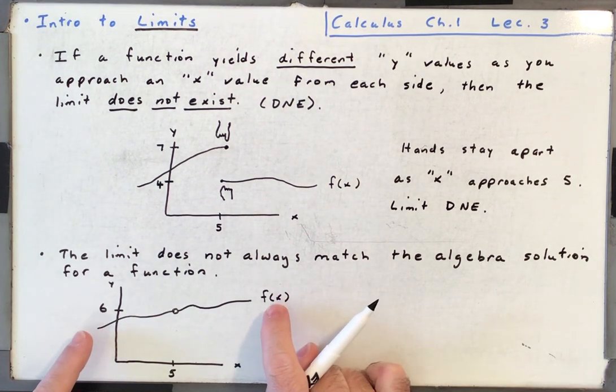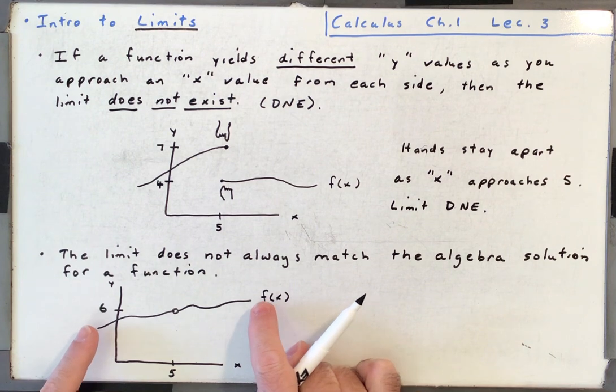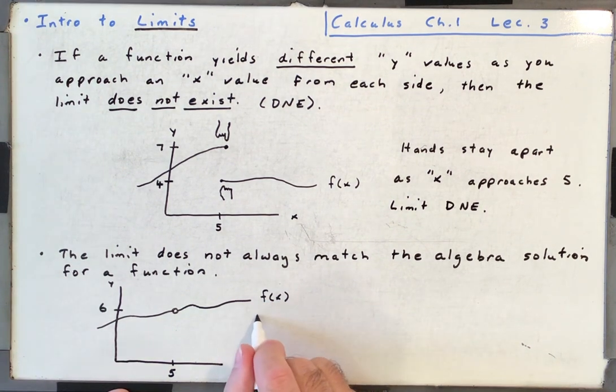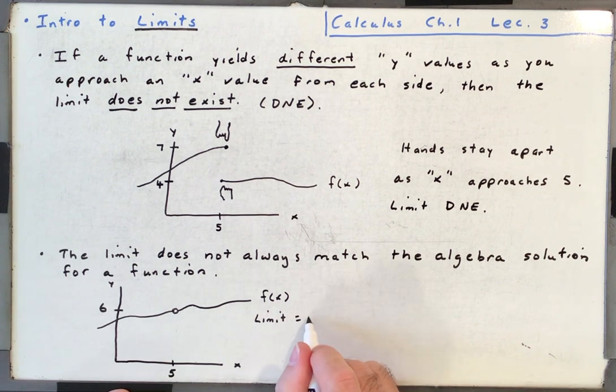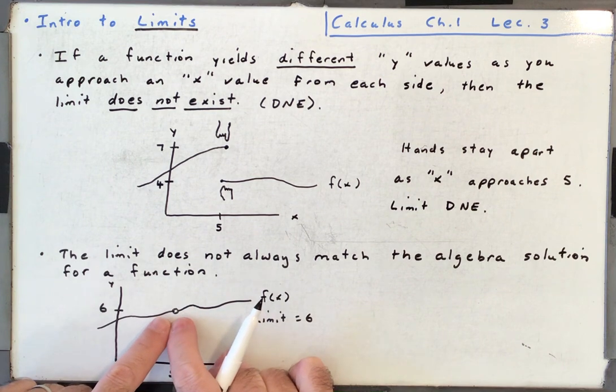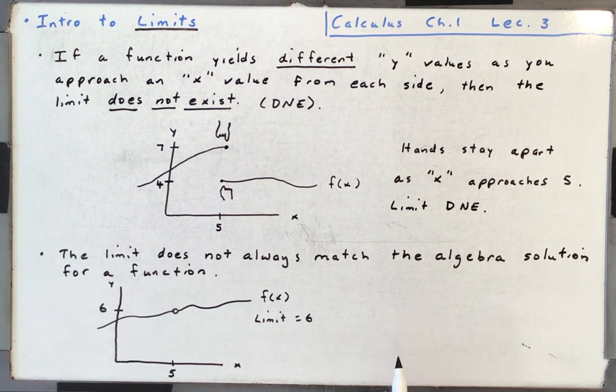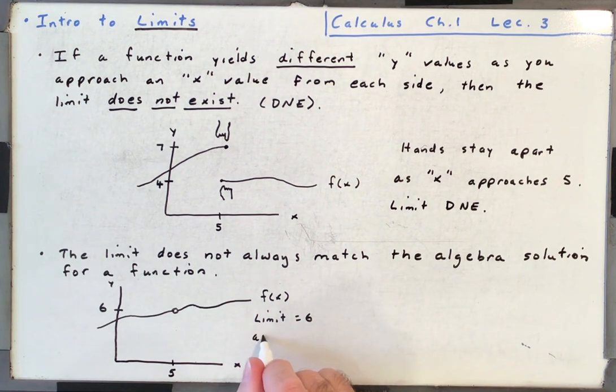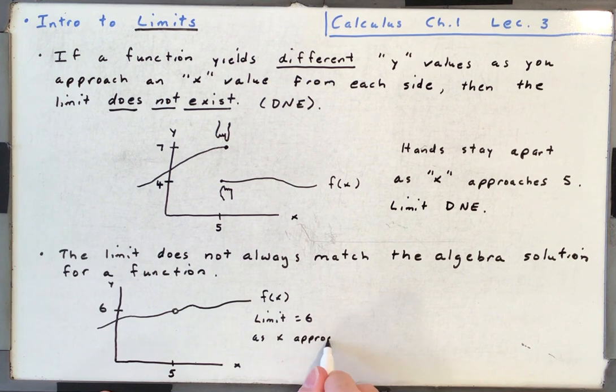Well, you actually can get an answer, a calculus answer here. The limit, even though it's undefined, is equal to 6, because your index fingers come together at a particular point. So the limit equals 6 as x approaches 5.